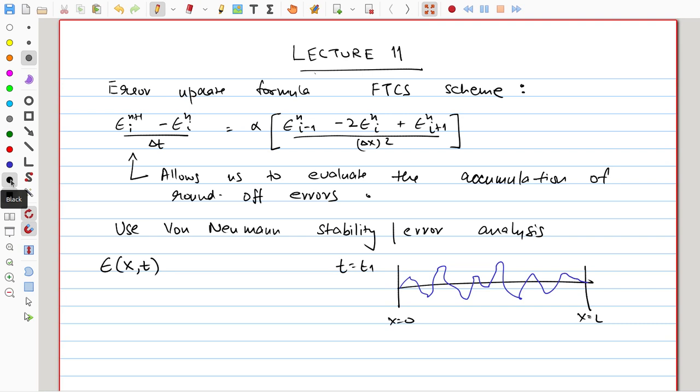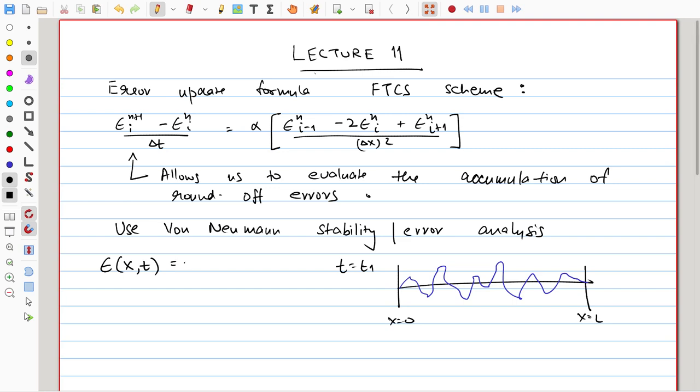Now this is some sort of a function, and we know from the idea of Fourier series that if a periodic function is there, then you can write it as a sum of an infinite number of sines and cosines which have different frequencies. Okay.